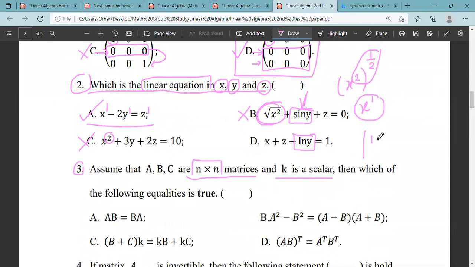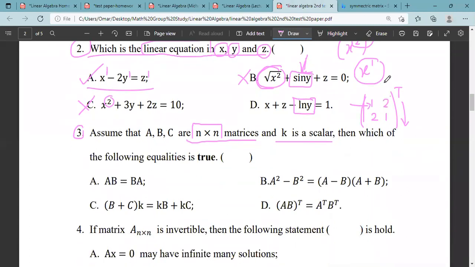If we have 1, 2, and 2, 1 as a matrix, and we transpose it, transpose means the columns will become rows. So the first column becomes the row 1, 2, and then the second column as a row gives 2, 1.